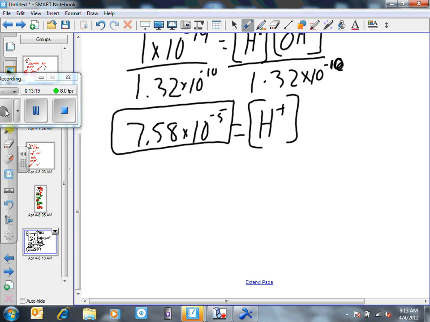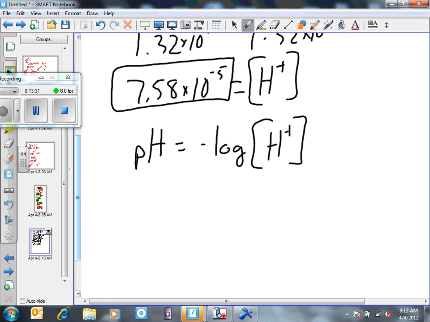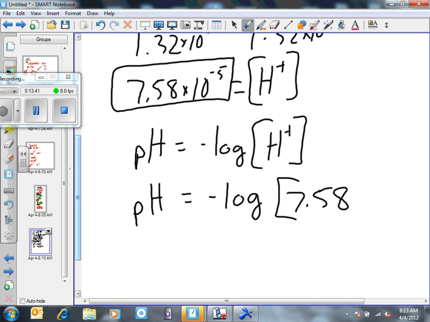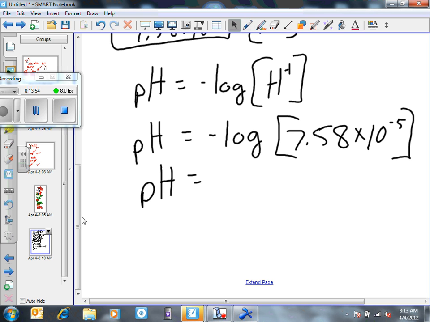And now I can use that to find my pH, because pH is equal to the negative log of the hydrogen ions. So in this case, the pH is equal to the negative log of the hydrogen ion concentration of 7.58 times 10 to the negative 5th. And in this case, the pH is equal to 4.121. Okay.